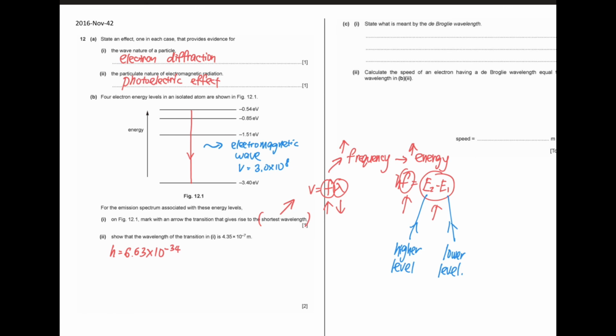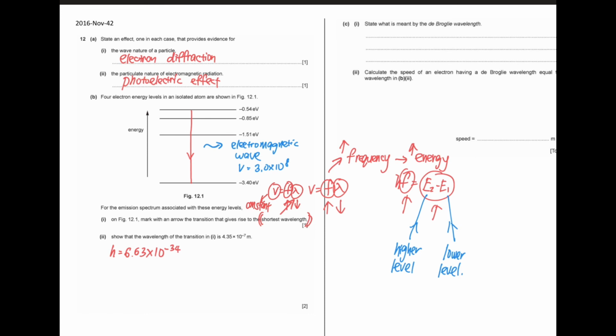To understand this, we start from v equals f lambda. To get the shortest wavelength, the frequency should be the greatest. Just for your information, v is constant, which for the electromagnetic wave is 3.0 times 10 to the power of 8.